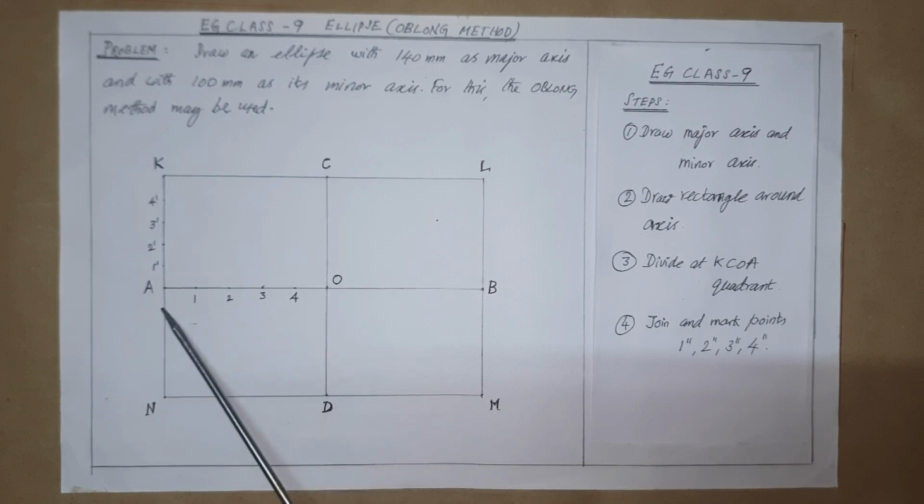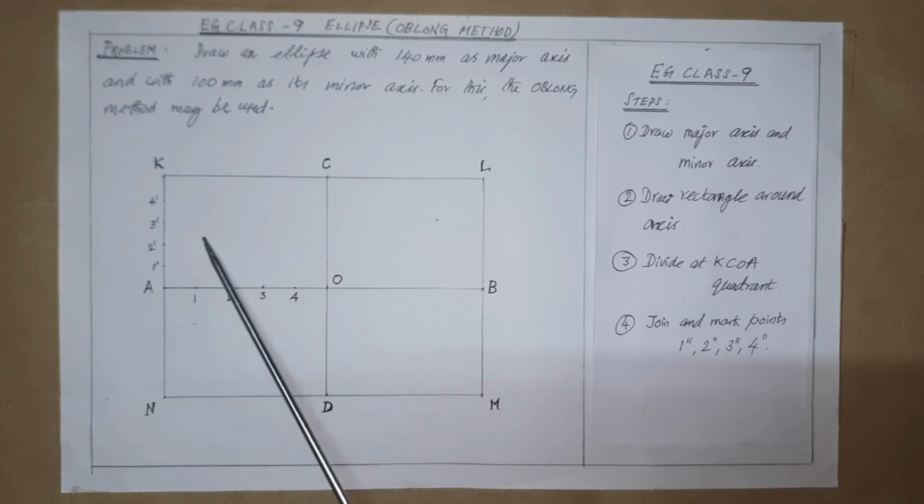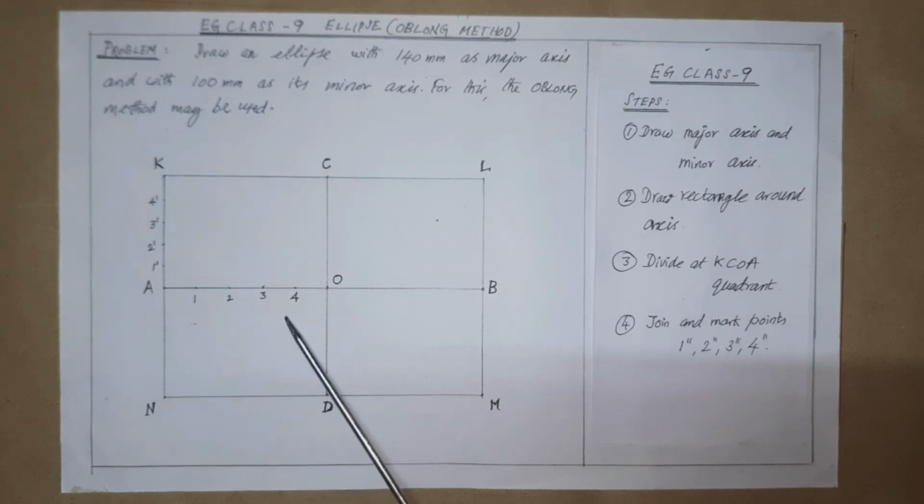Divide AO and AK into the same number of parts as per the requirement. Here, it is divided into 5 equal parts as shown. That is 1, 2, 3, 4, 5 spaces, called 5 equal parts, but as per numbering up to 4, this is assumed as 5. 4 numbers will come, but 5 equal parts using the scale divisions by measurement.